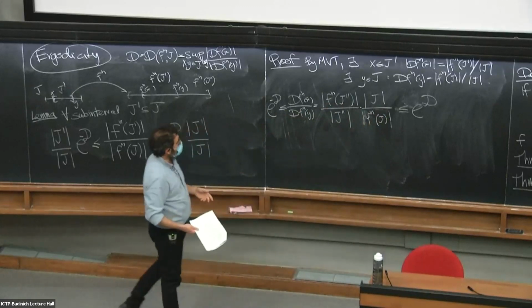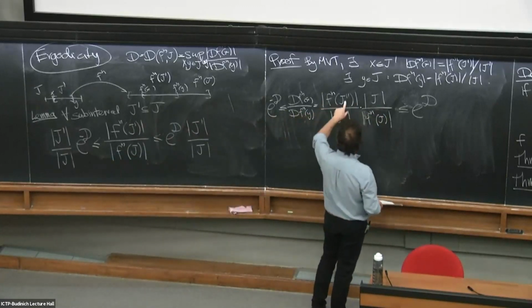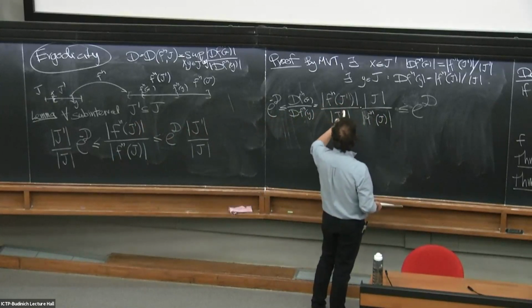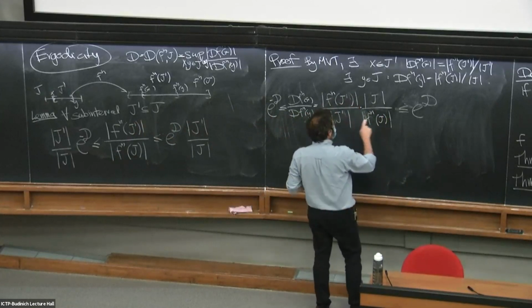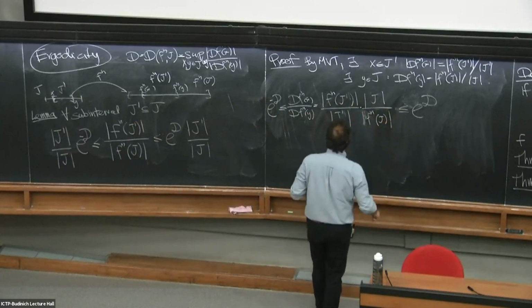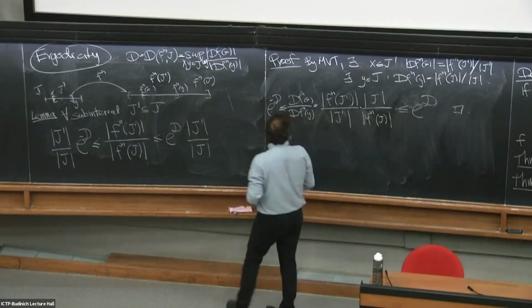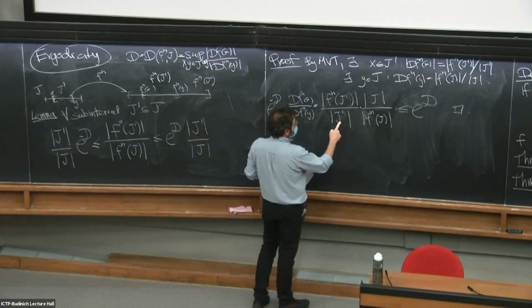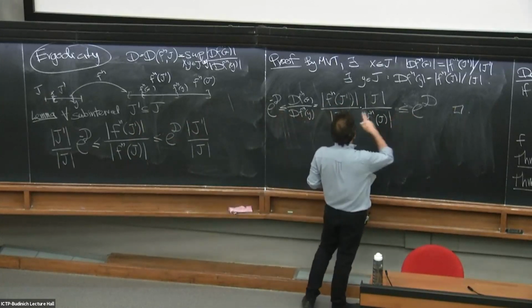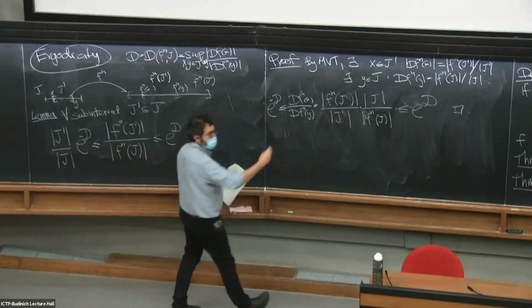So you get Fn J prime, Fn J, okay? You take Fn J prime over Fn J less than or equal to e^D, you take this J over J prime, you multiply here, you pull it out here, and you get that.